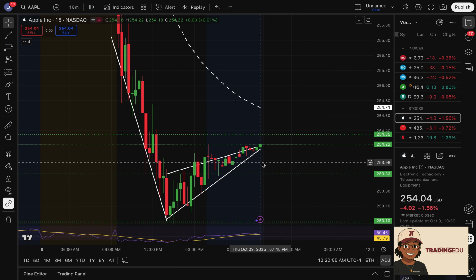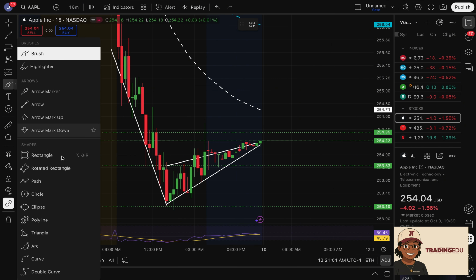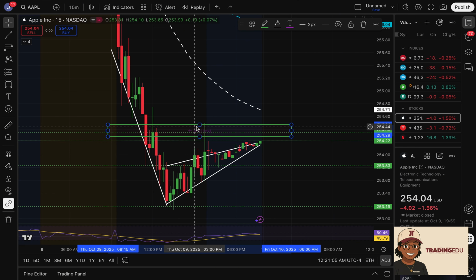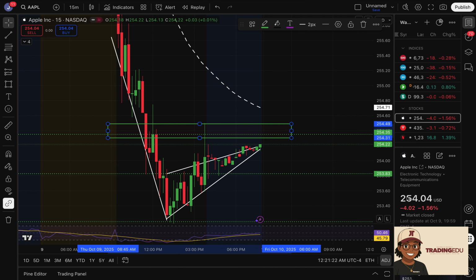Okay, so here's what I would look for on this very simple pattern for a short term Apple trade. I would look for the price to get around this little area right here, where we had this bit of an overkill where this wick is. They came in, they smacked it down, but they tried to get it back up, but not quite. So I will look for the price to retest around this 254.35 level. We're not too far from it.